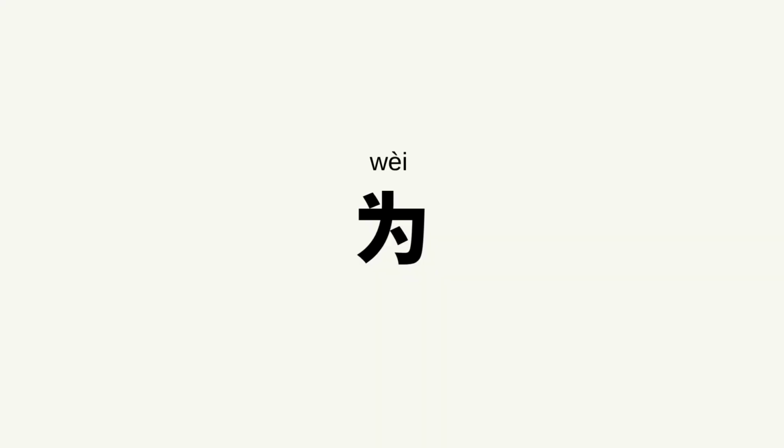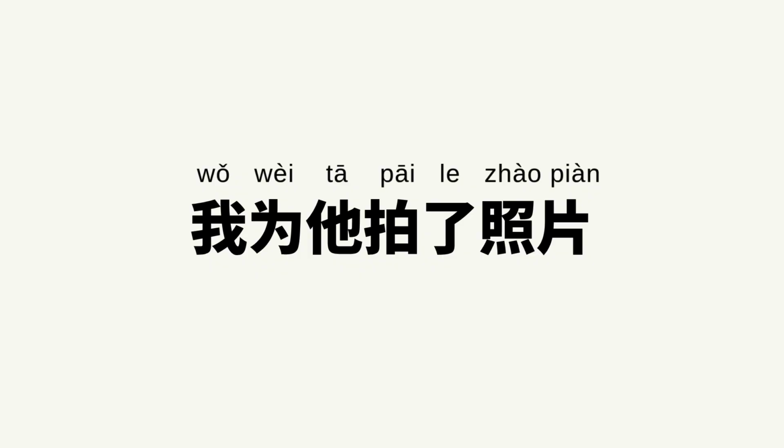I often have this problem in Chinese where I will have all the right words, but my structure will be off. For example, in Chinese, if we want to talk about doing something for someone, we have to use 为. For example, if I said I took a picture for her, 我为她拍了照片.